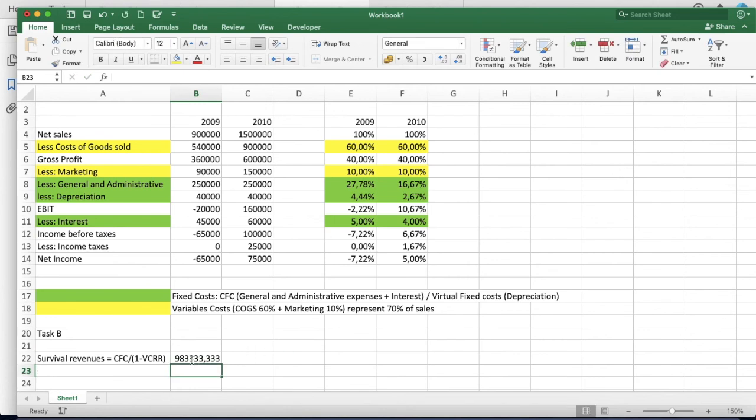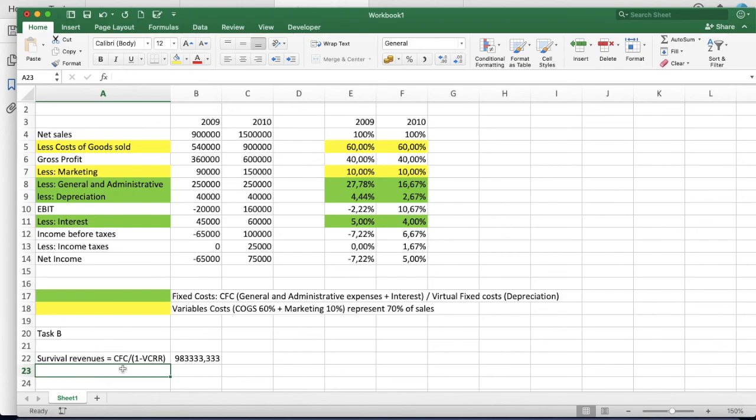This means that if the interest expenses for 2010 were equal to $45,000, the firm needs to sell $983,333 to cover all its cash expenses.